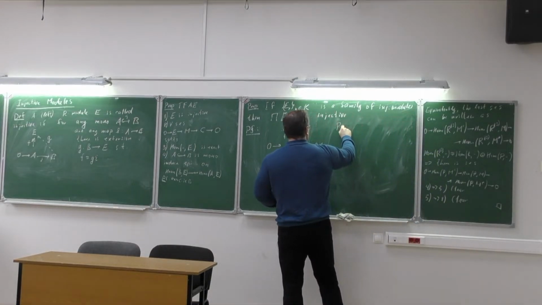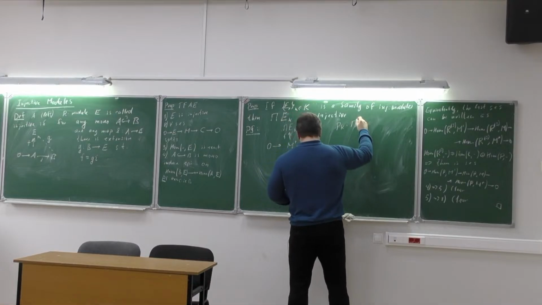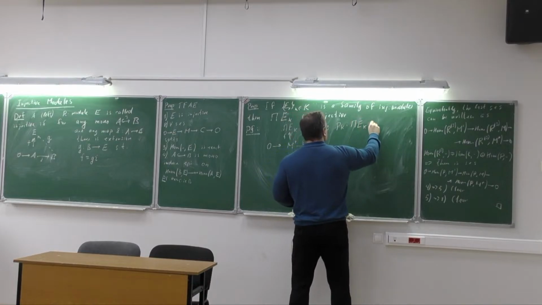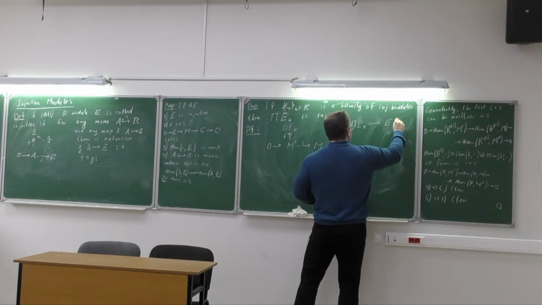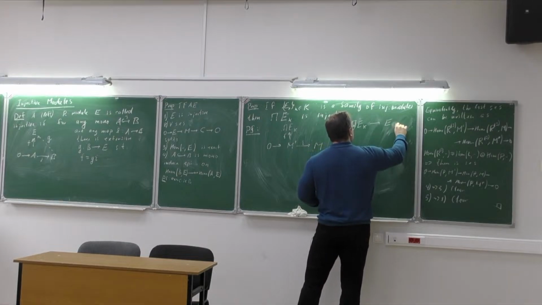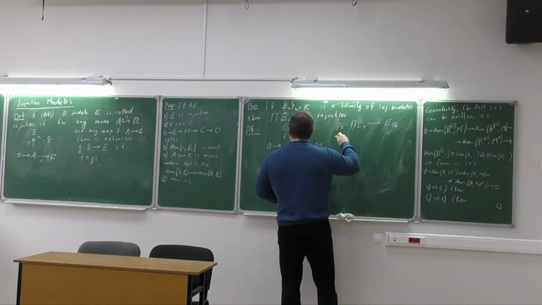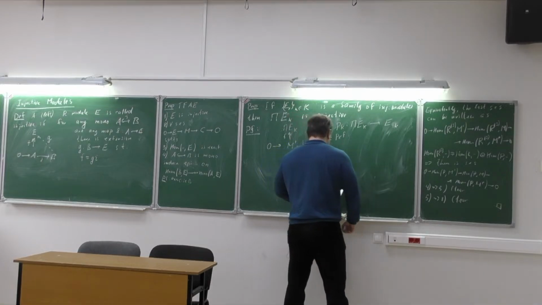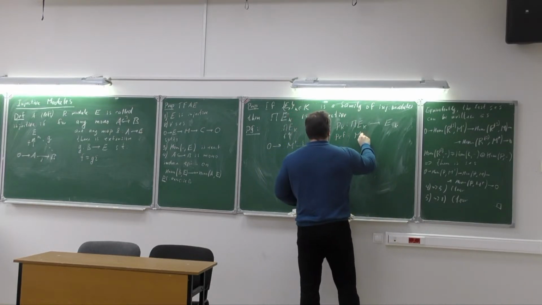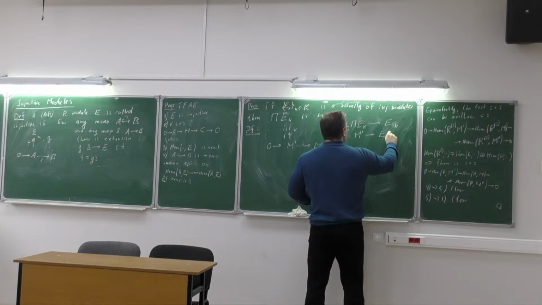There are projections p_k from the product of the modules E_k to E_k. These are just the canonical projections of the product. Now we can look at the composition of p_k and f. This will be a map from M prime to E_k.